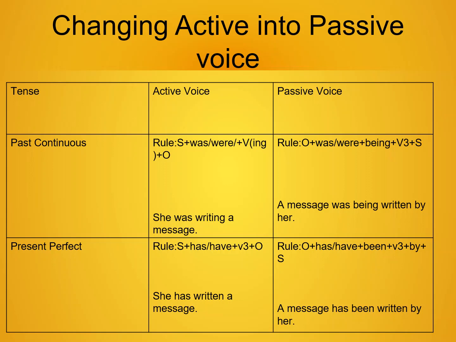Now since it is present perfect, any kind of perfect tense, if we are using has or have, then in passive voice it changes to has or have plus been. In continuous, we used the word being, but here we are using the word been in perfect tense. So, present perfect passive voice goes like, a message has been written by her.